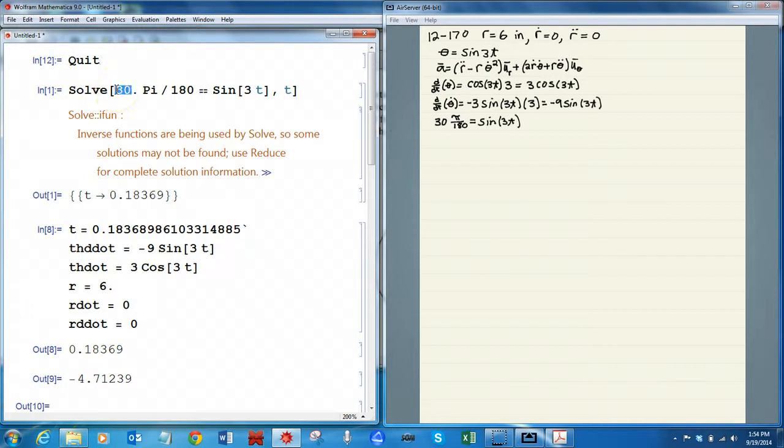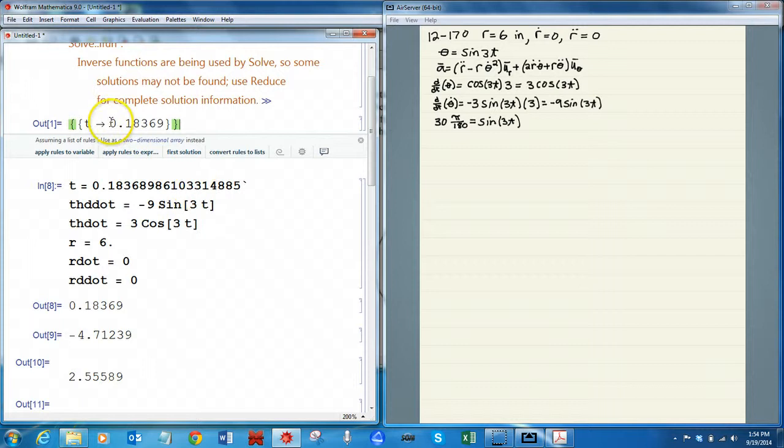First thing to do is to solve your equations for t, which is what I do here. The number that I was given in the book was theta equal to 30 degrees. I converted it into radians and then solved for t. Then I just copied and pasted the answer for t down here. Mathematica, even though it only shows you 5 digits, holds a lot more digits, and so when you paste it, it comes out with all of these extra digits.